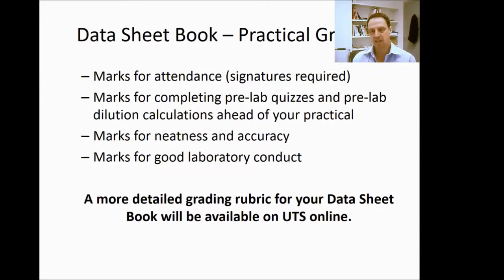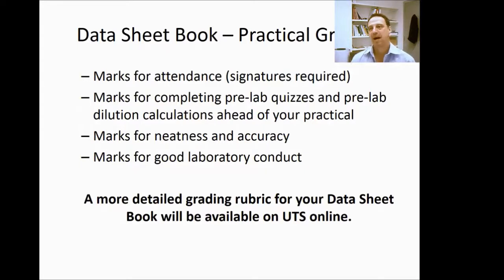You will also have a data sheet book in which to record your results, and part of your practical result will be getting marks for attendance, so you need to get signatures in that data sheet book from your demonstrators to show that you've turned up. You'll get marks for completing pre-lab quizzes and doing pre-lab dilution calculations that you need to have done before you come to your practical. Your demonstrators will check that for you.